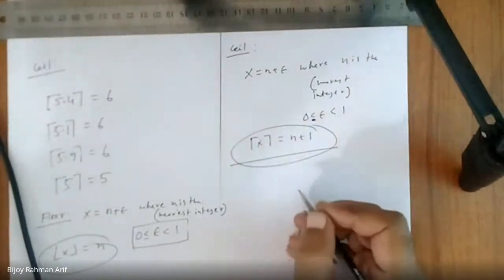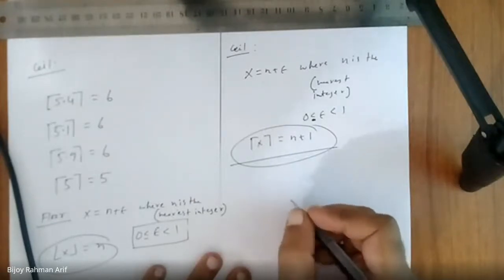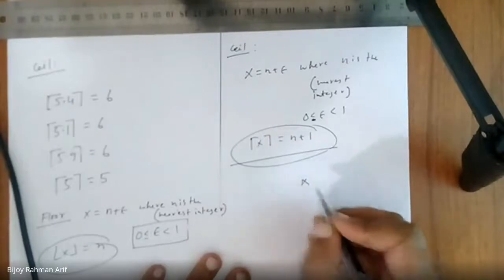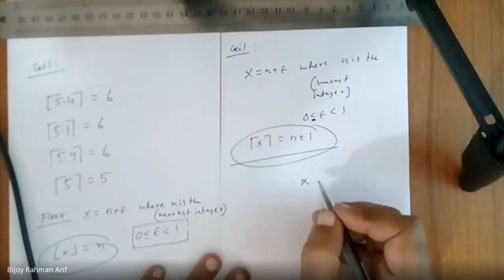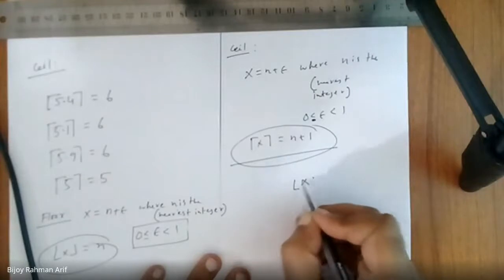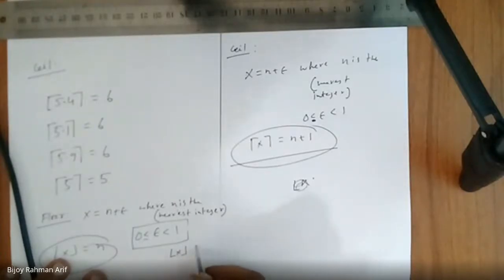So it would be like this. For x floor, what is the nearest integer? I will give that first. It is that floor of x should be smaller than or equal to n, and it should be greater than or equal to n minus 1.